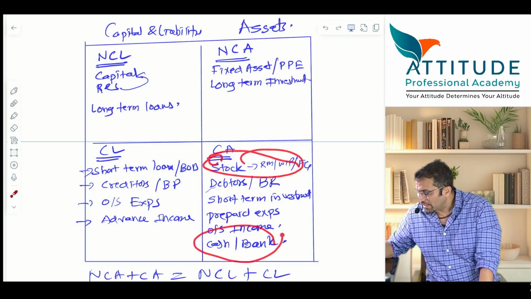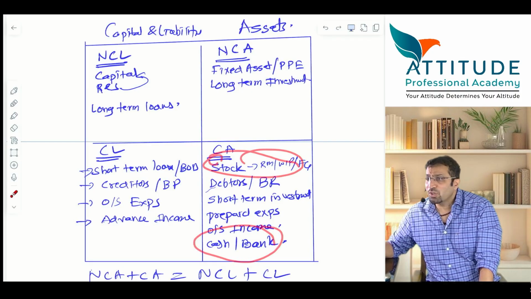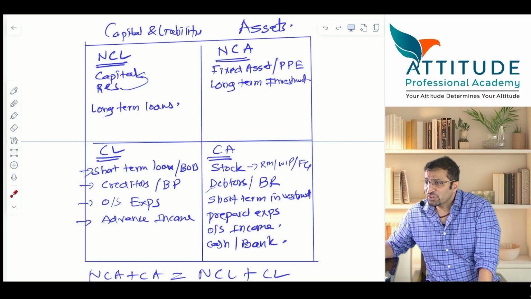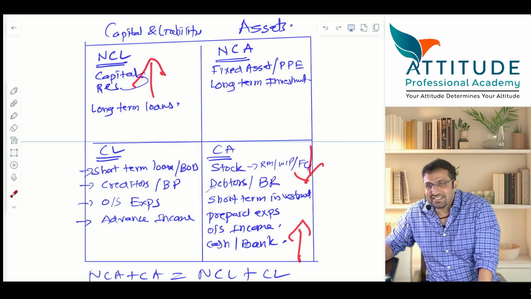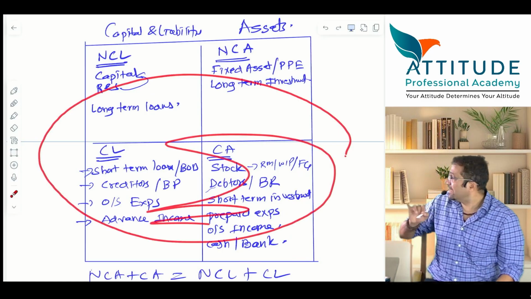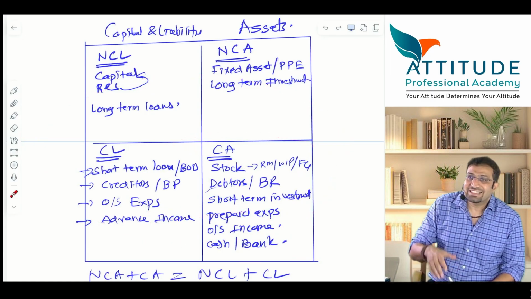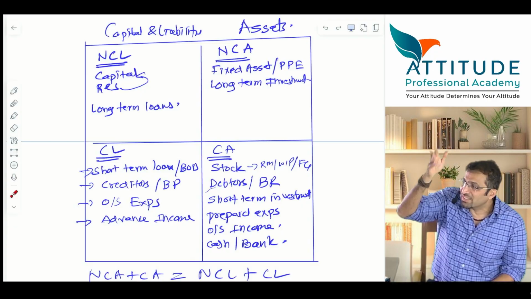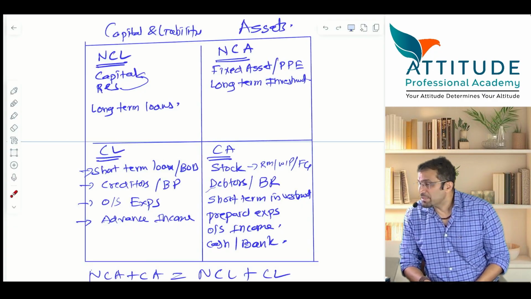Goods purchased for cash. What about goods sold for cash? Goods sold for cash, what will come? Stock reduces, cash increases, but profit also increases. Yes or no? So you need to know this. This is very, very important. That is why I put everything in how many quadrants? 4 quadrants. Easy, it becomes easy.